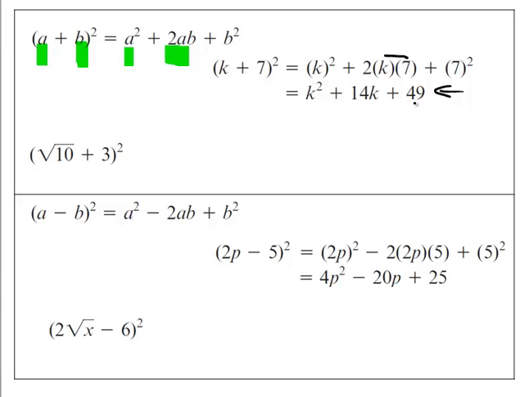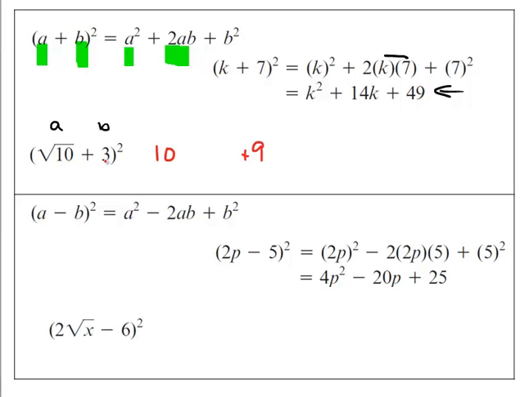Well, that same pattern is going to work again here. Now we're squaring a radical. I want you to remember this is A and this is B. So here, the square root of 10 squared is 10. 3 squared is 9.